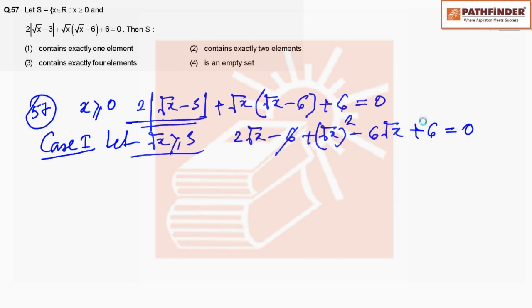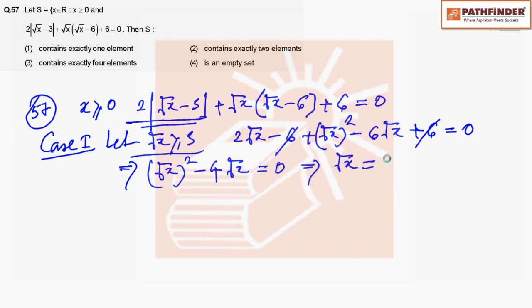So 6 will cancel out. We are getting (root x) whole square minus 4 root x equal to 0. So root x will be either 0 or 4. But 0 will be rejected because according to our assumption root x is greater than or equal to 3. So 4 will be accepted.